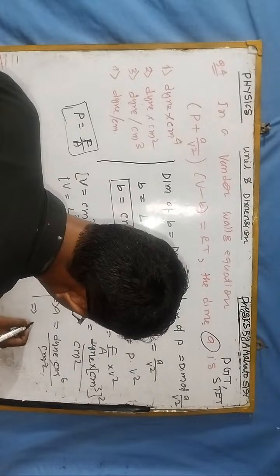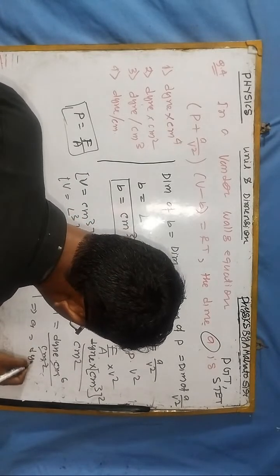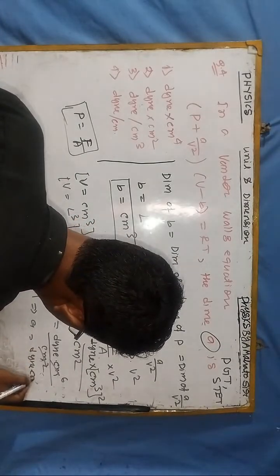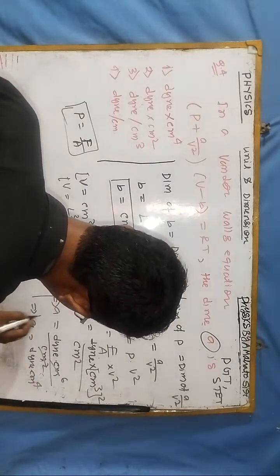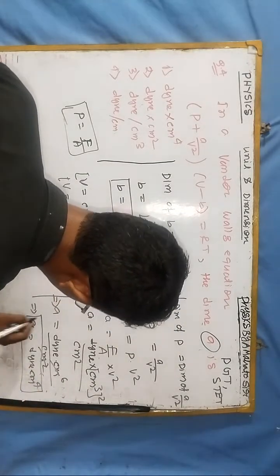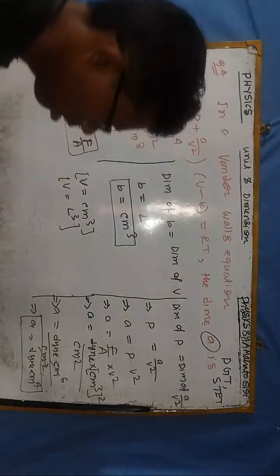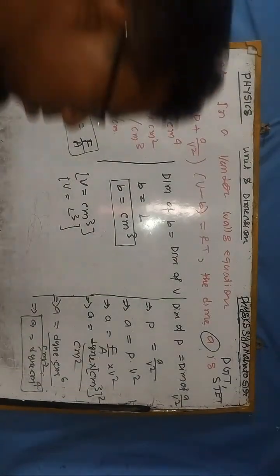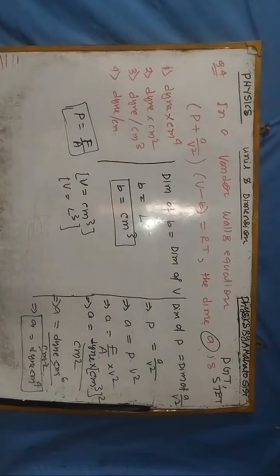So a is 9 into centimeter to the power 4. This is the required answer: 9 into centimeter to the power 4.